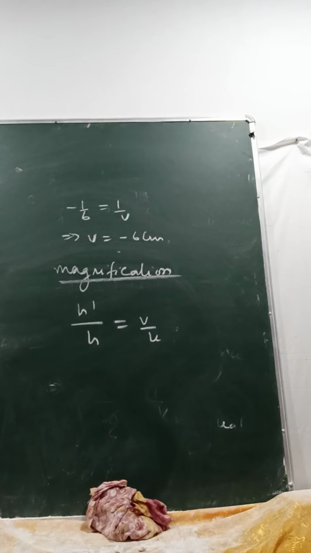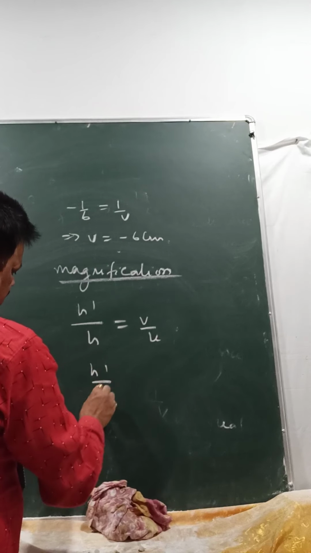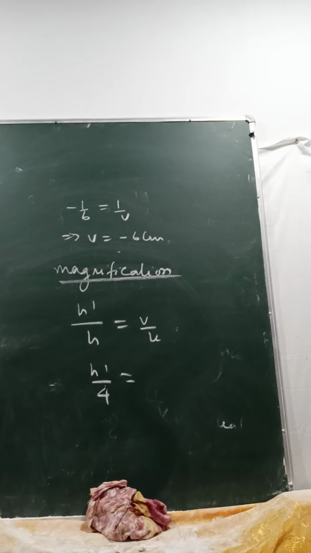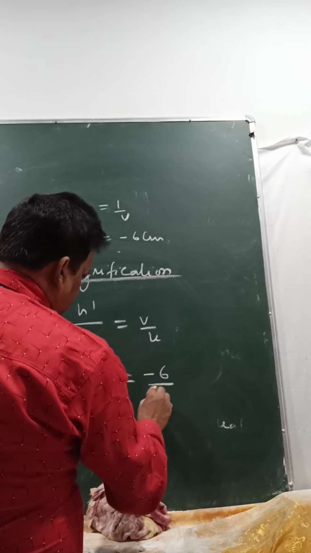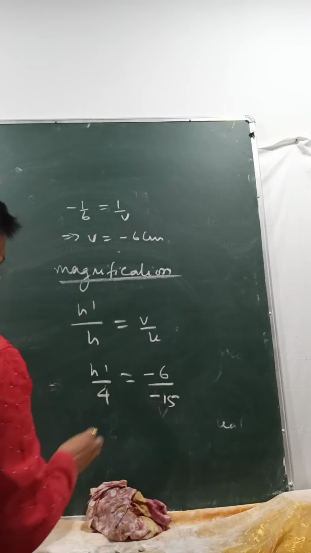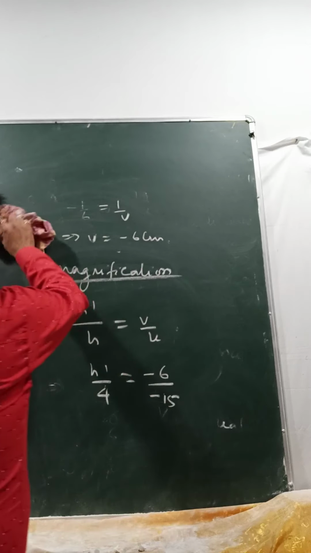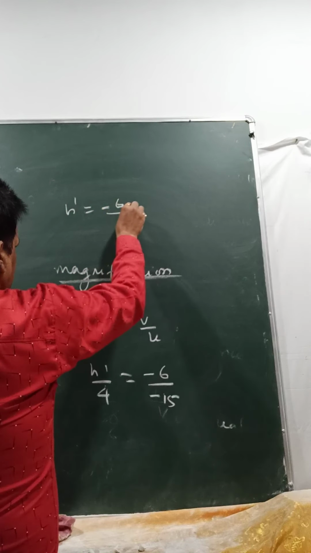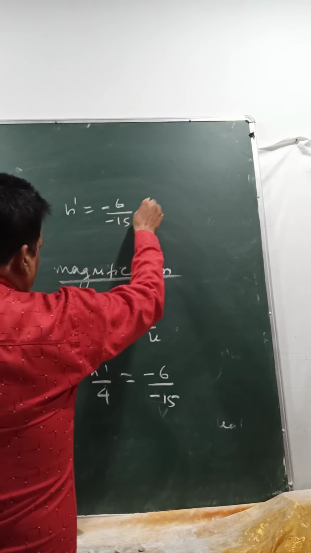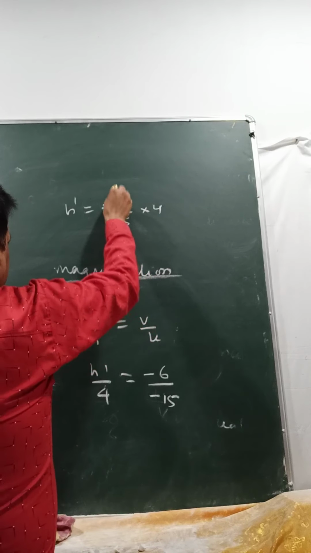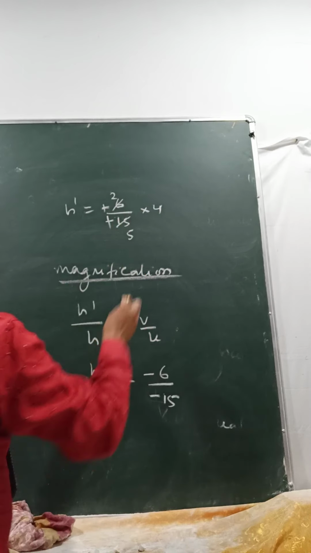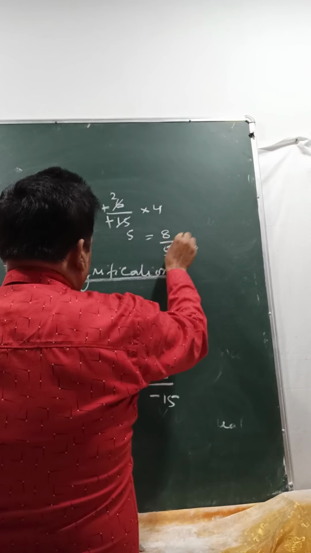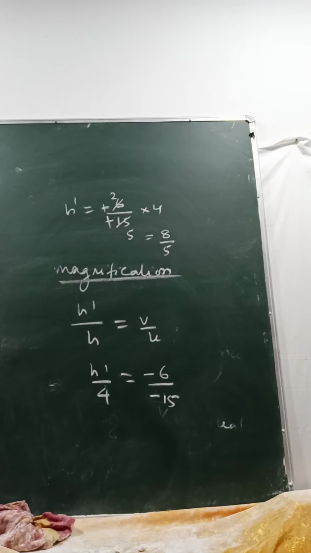The object height is given, so h dash by 4 equals v by u, that is minus 6 by minus 15. Let's take this 4 to that side. So h dash equals minus 6 by minus 15 into 4. This gets cancelled, 3 2s are 6, 3 5s are 15, so 8 by 5. That is in centimeter.